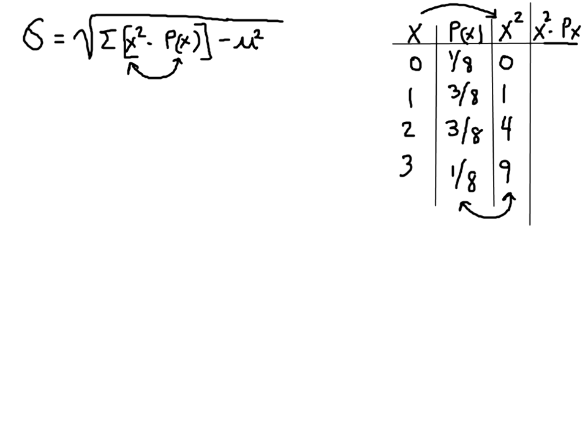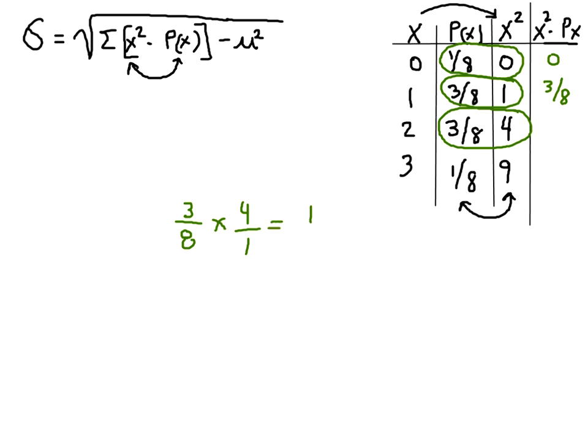So I'm going to get 1/8. Let me change the color here so you see what I'm doing. So I'm going to take 1/8 times 0. Multiplying that out, well, that's just 0. Multiplying 3/8 times 1, and that's 3/8. Now multiplying 3/8 times 4, and remember we're multiplying fractions, so 4 is just 4 over 1.